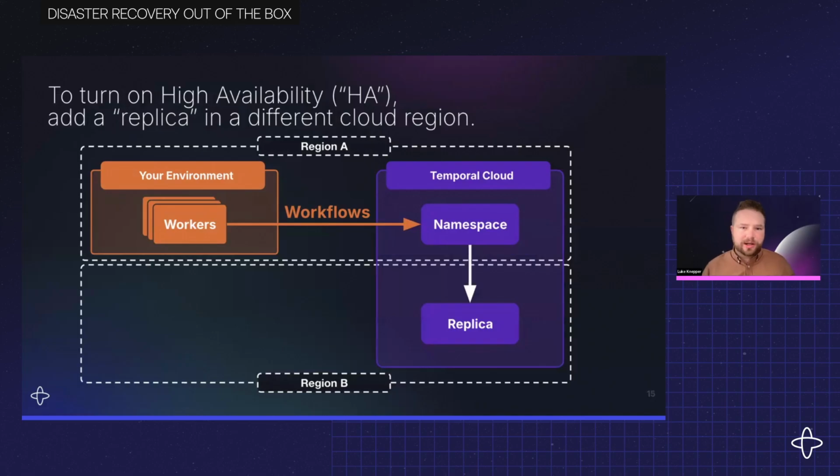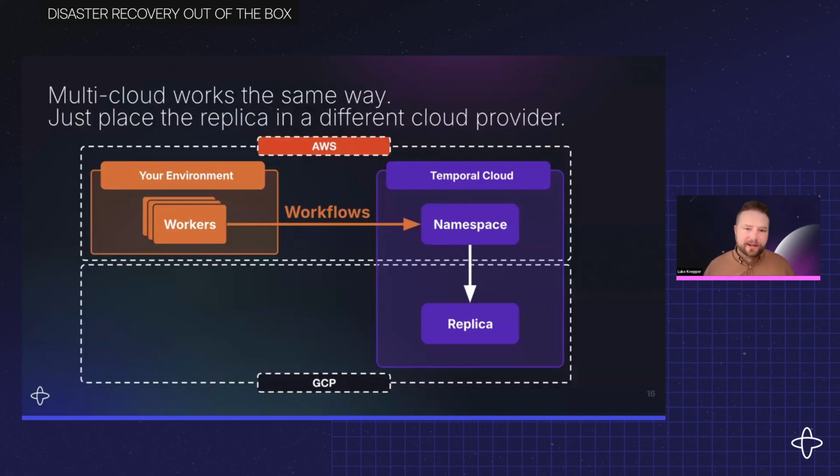So to turn on high availability, you add a replica in a different cloud region. This is just one command, one button, or one Terraform update. This now stretches your namespace, so it now exists in two different cloud regions. And by the way, if you have a multi-cloud strategy, multi-cloud works the exact same way.